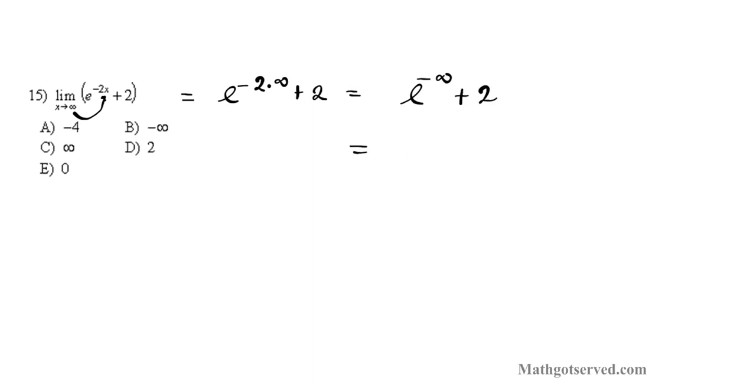And then, using the reciprocal property of exponents, this becomes 1 over e to the infinity plus 2. And e to the infinity is infinity, right? Plus 2, and then 1 over infinity is 0, plus 2. Final answer is 2, option letter D.